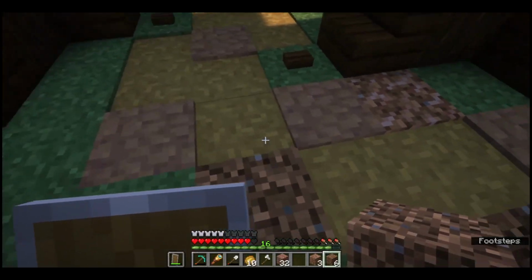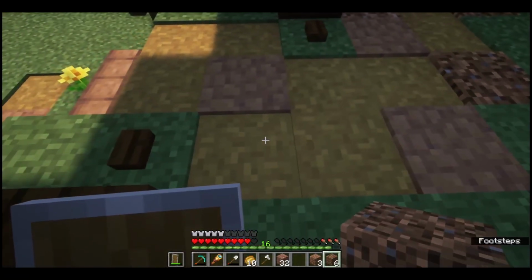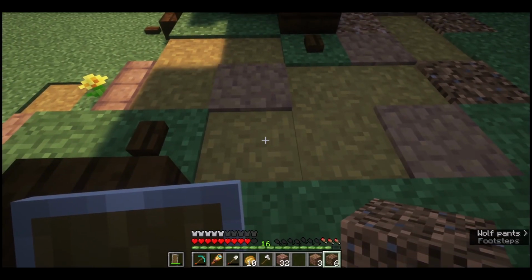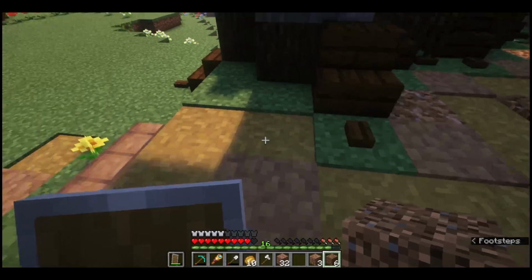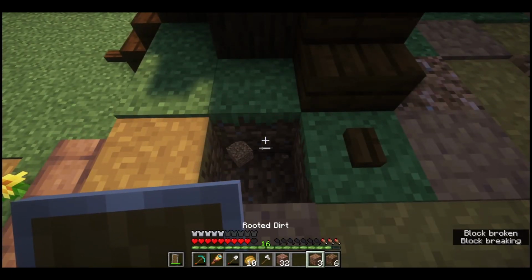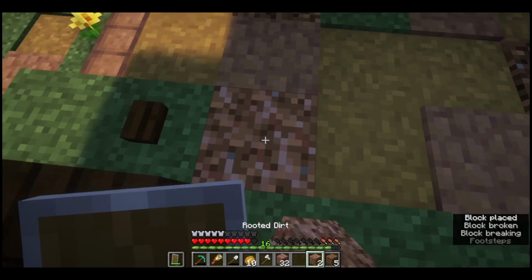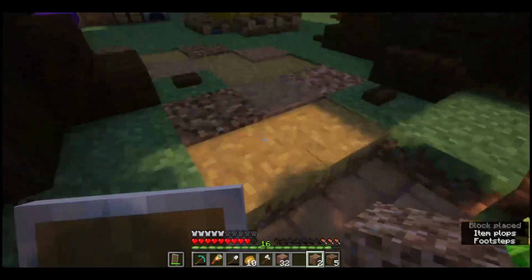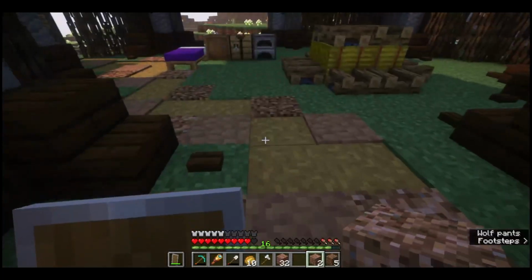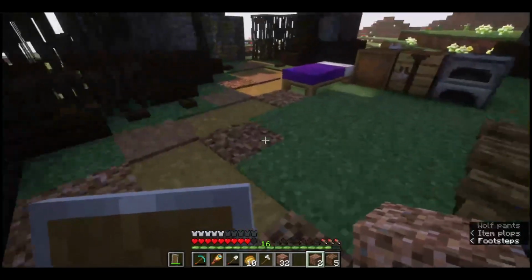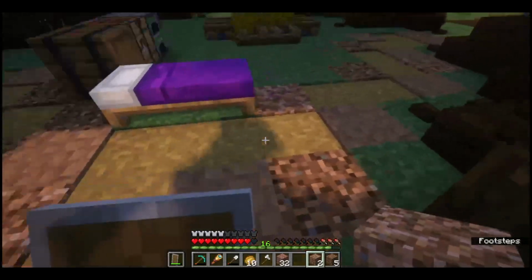And then, let's see, I guess this could be either of them, really. This one is closest to the rooted dirt, so we're going to prioritize putting coarse dirt there, and then put rooted dirt here. Good. Okay. And I've got extra blocks for the rest of the path. Now, here comes the slightly complicated part.